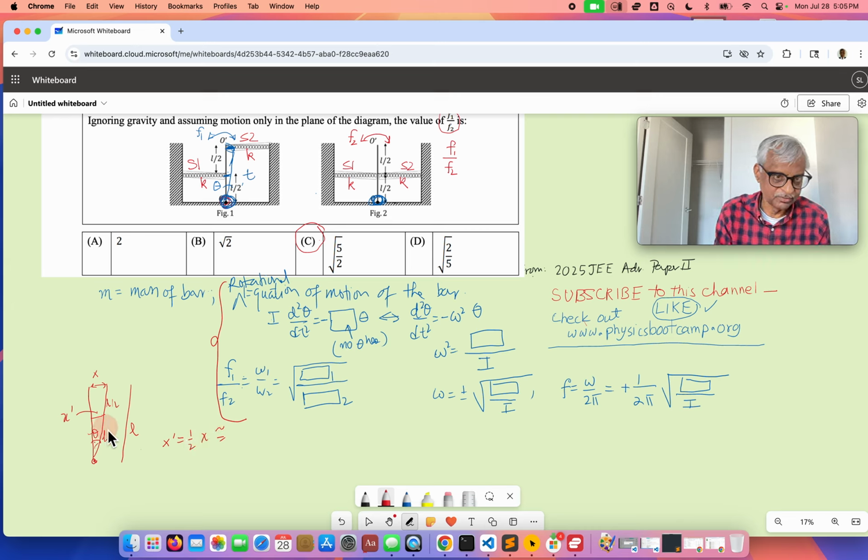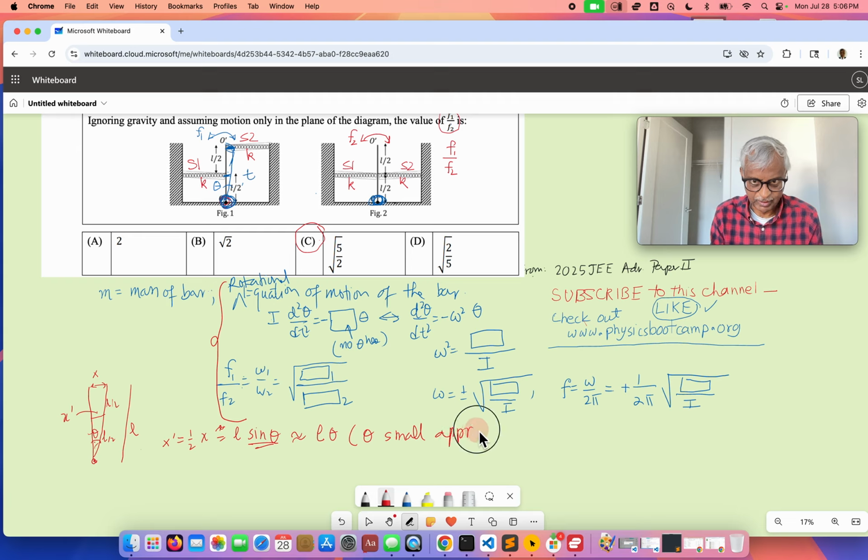And so this is theta, and approximately, this divided by this is sine. So this will be equal to L sine theta, and theta is small, so we'll just call it L theta. Theta is small in the approximation, in radian units.